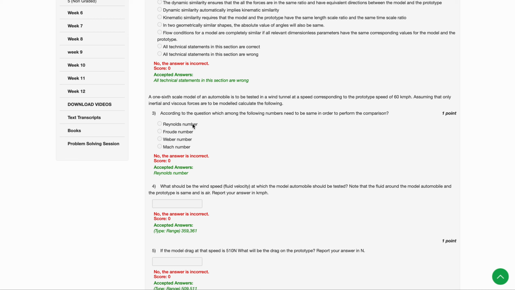So okay, it is also given that Vp is equal to 60 kilometer per hour. It is given. Then what is the question, that what should be the wind speed at which the model automobile should be tested. Okay.